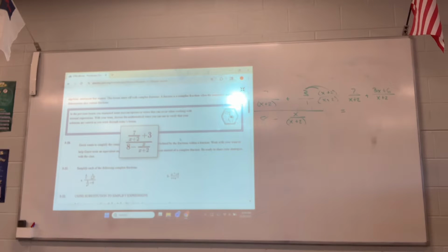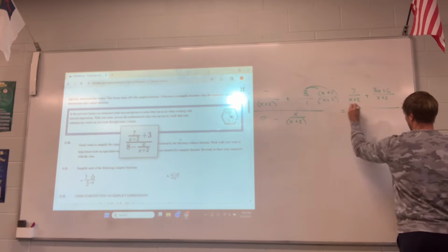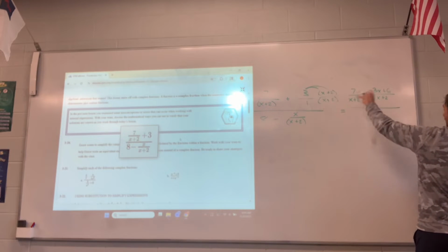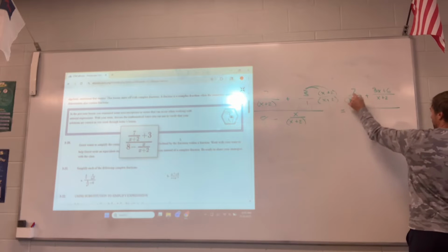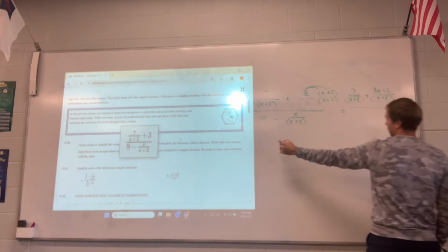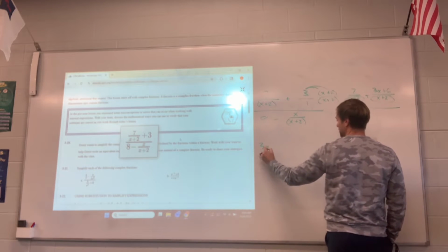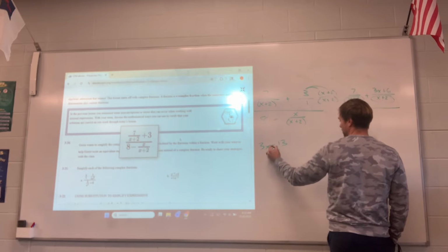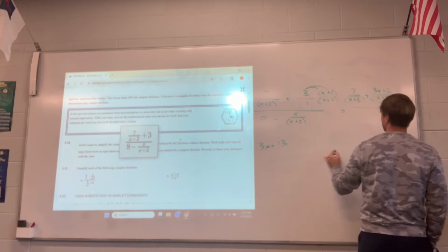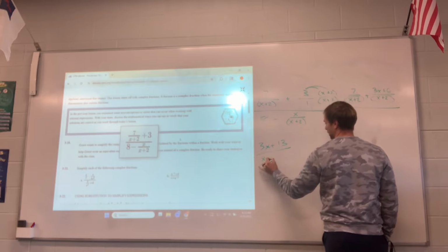Yeah, we can add the fraction, right? We're not worried about the denominator yet. We can add because we have a common denominator. So now we would have 3x plus 13. Is that right? Over x plus 2.